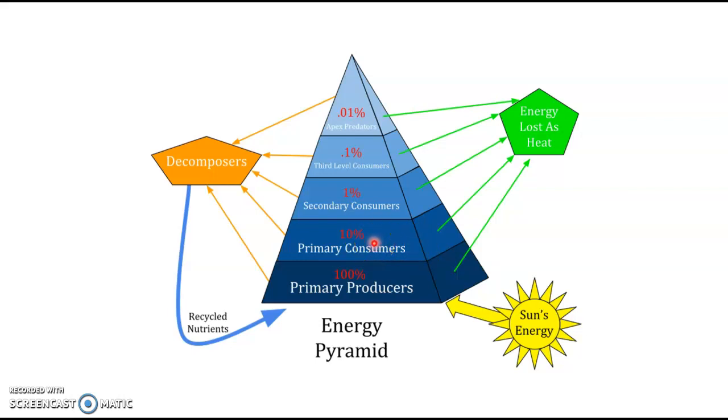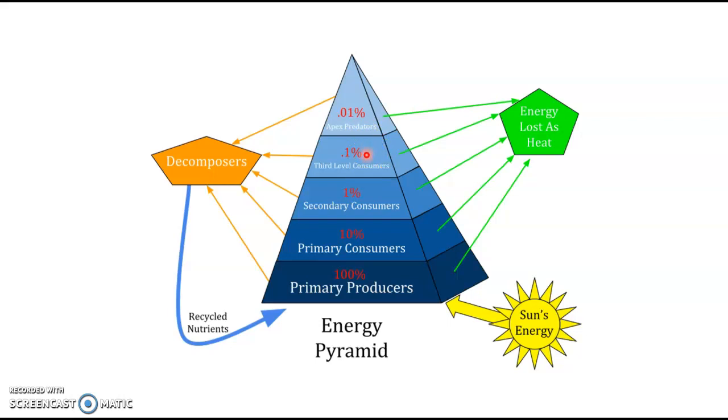From primary consumers, secondary consumers consume only 1% of energy. Secondary consumers are mostly omnivorous animals, and after that come third level consumers, that is carnivorous animals.